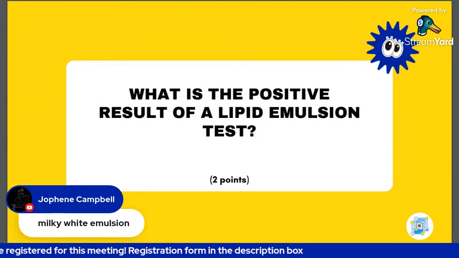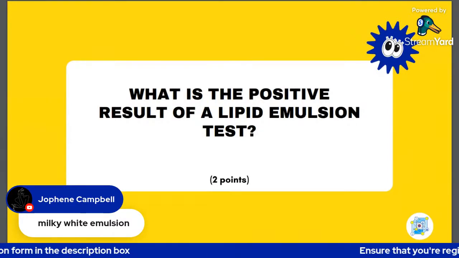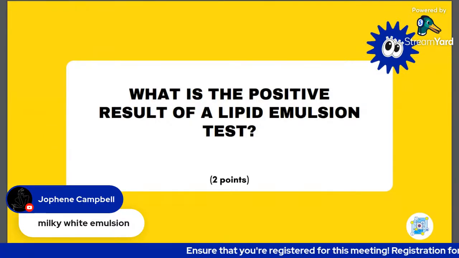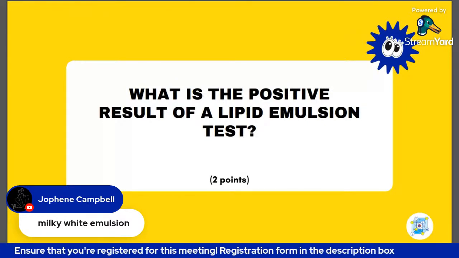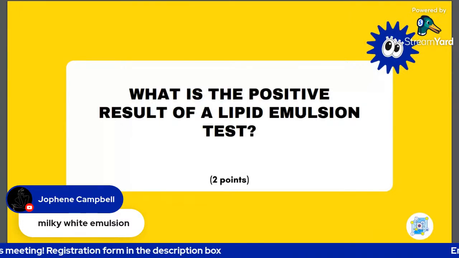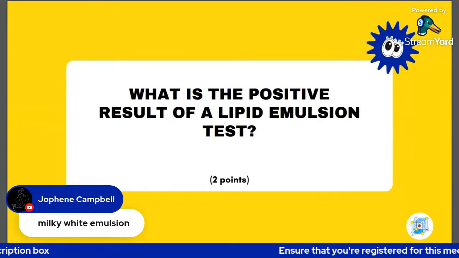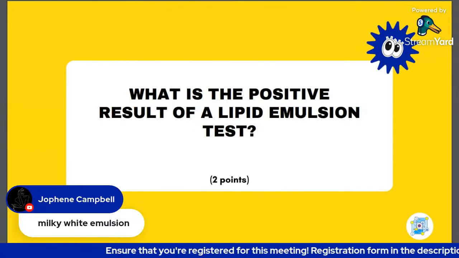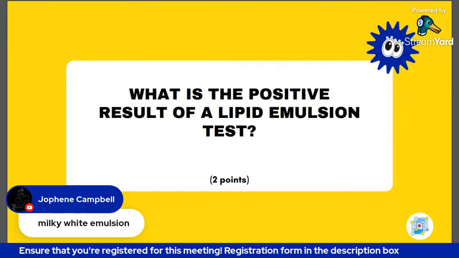So we're going with the milky white from Jophine. So Jophine gets that point. So that is a lesson learned, people. When we are describing in chemistry, we must be specific. Jophine gets that point. Well, it's 2 points. Oh my God, I'm so sorry. Yes, Stephanie. We are serious. Milky white emulsion. So we are going to the next question.